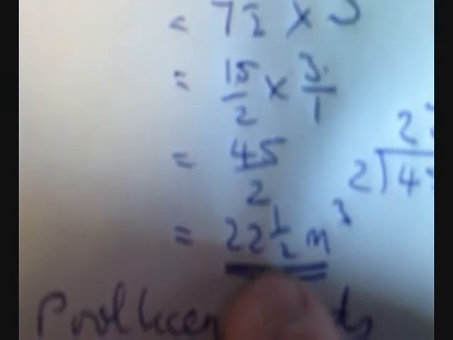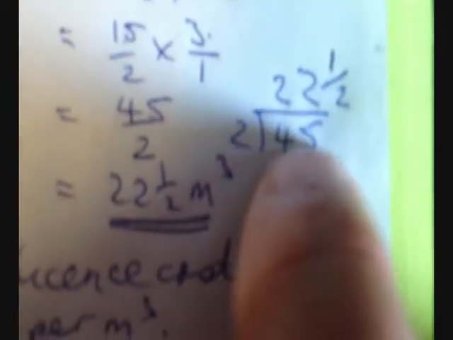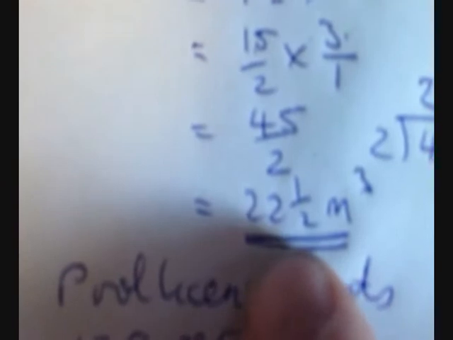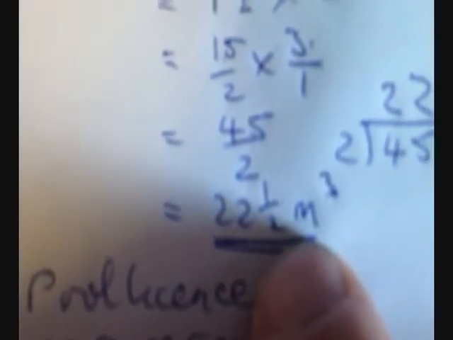No cancelling this time, so you've got 45 over 2. 15 times 3, 45 over 2, which is 22 and a half. Forgotten how to do that? 2's into 45. 2's into 4 go twice, no remainder. 2's into 5 go 2, remainder 1. There it is, 22 and a half. So the volume of the pool is 22 and a half cubic meters.